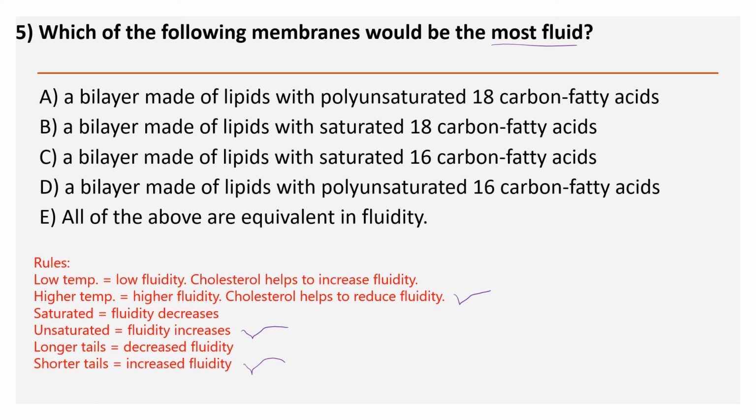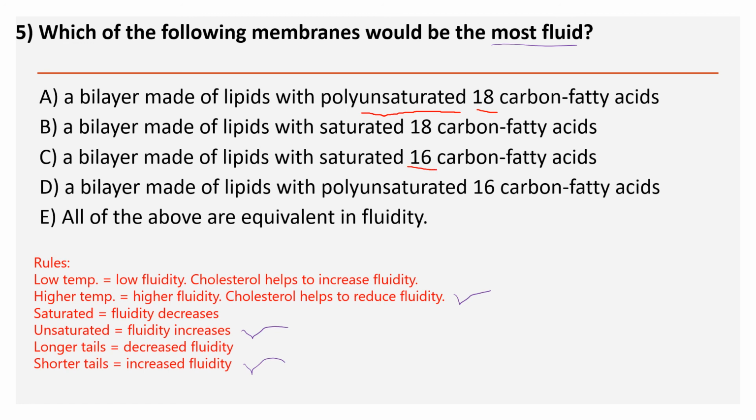A, a bilayer made of lipids with unsaturated 18 carbon. Unsaturated is good, that increases fluidity. B, a bilayer made of lipids with saturated 18 carbon. Saturated is less fluid. C, a bilayer made of lipids with saturated 16 carbon.